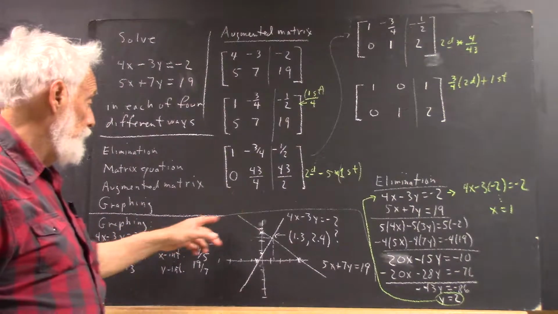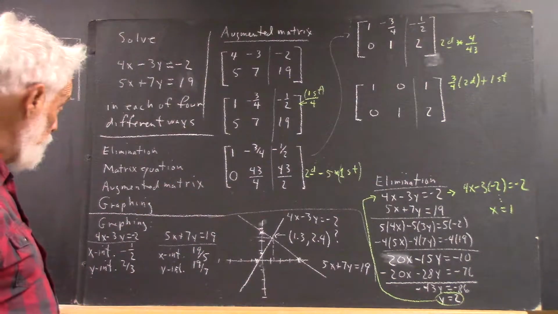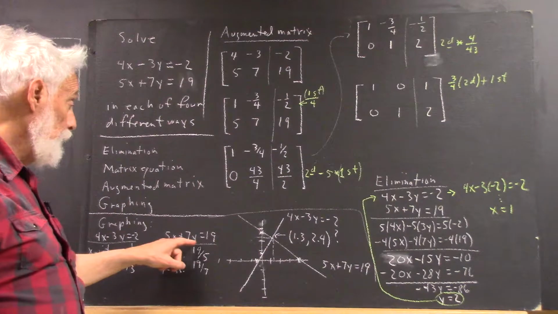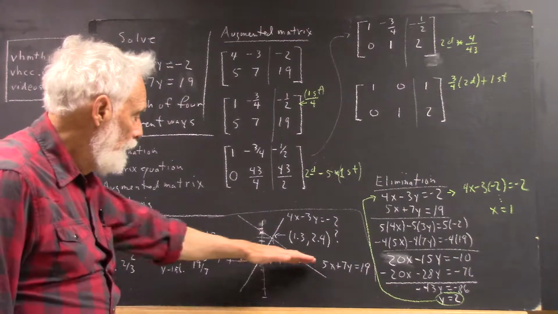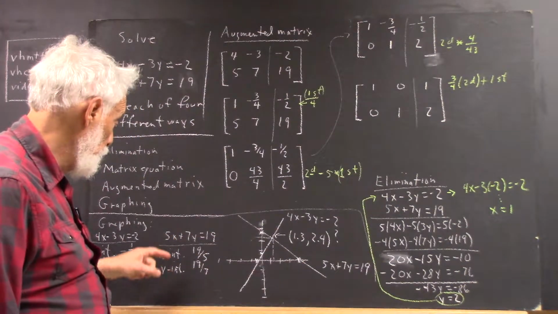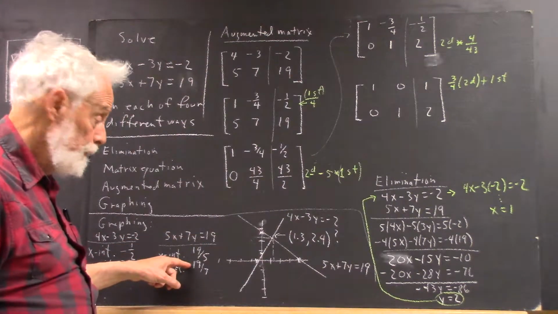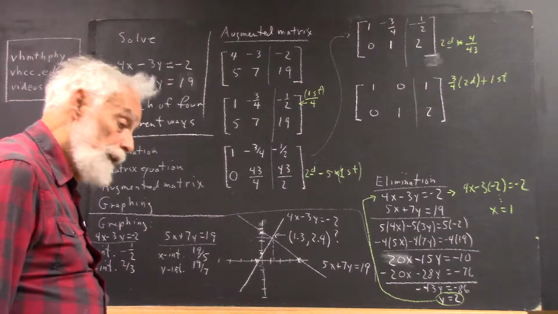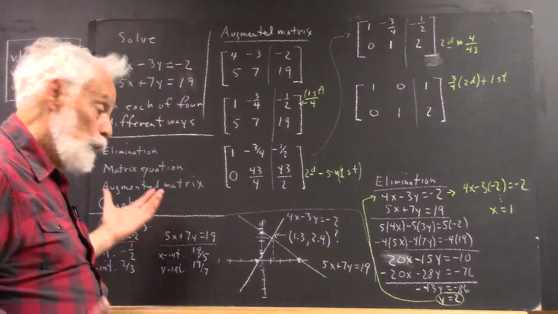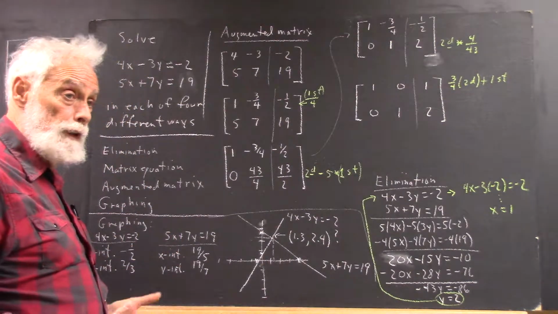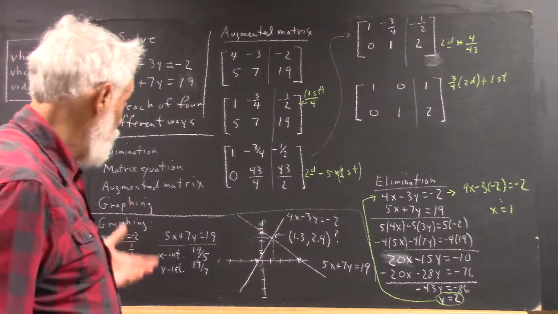Now, the 5x plus 7y equals 19, we do the same thing. To find the x-intercept, we let y equal 0, because, of course, the x-axis is where y equals 0. We get 5x equals 19, so x is 19/5. Where's 19/5? Well, what's a multiple of 5 that's close to 19? 20. 4 times 5 is 20.